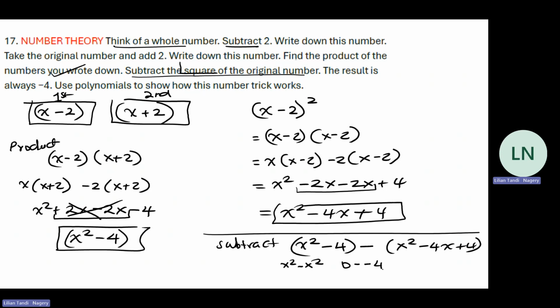Minus negative 4x becomes positive, so 0 plus 4x becomes 4x. And negative 4 minus positive 4 becomes negative 8. So there is my other answer for subtract.